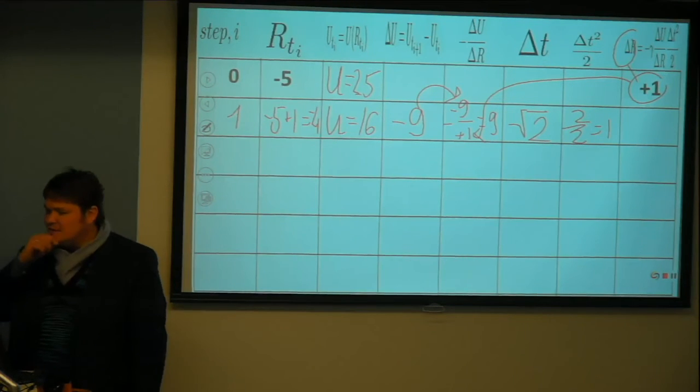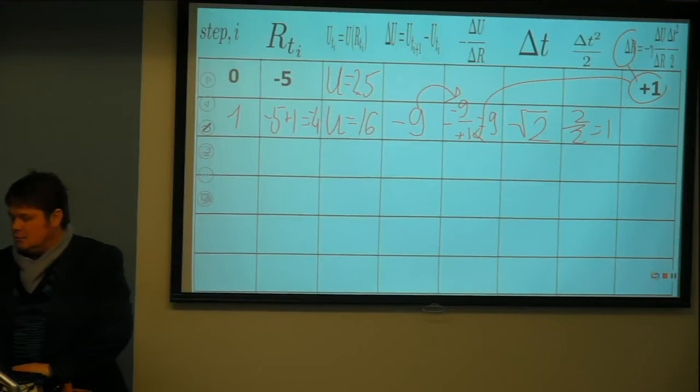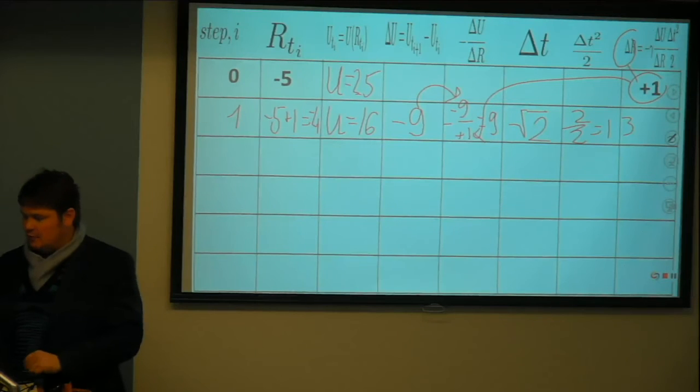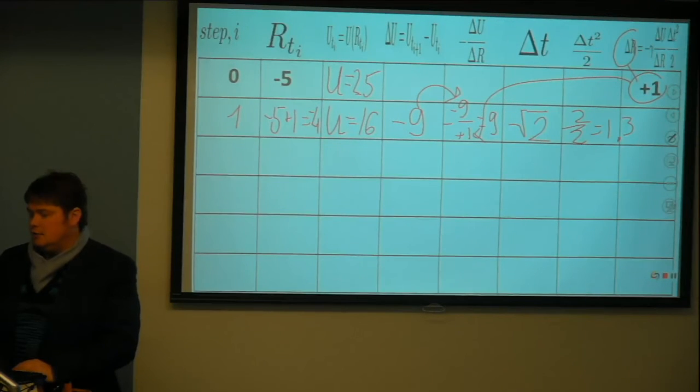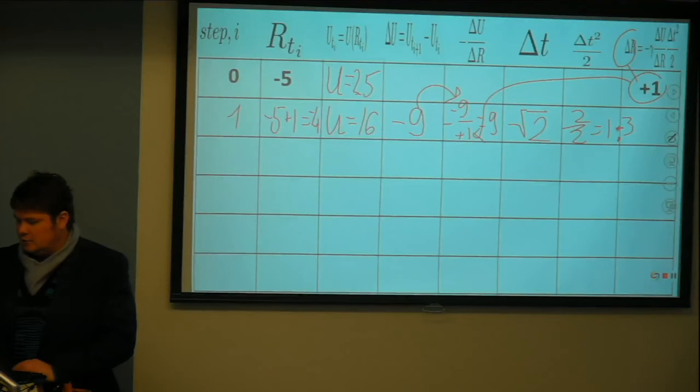And now let's compute delta r. So 0.3, then the parameter gamma is 0.3 here. We also need a minus. Oh, minus is already included here, so we don't need this minus. 0.3 times 9 times 1.